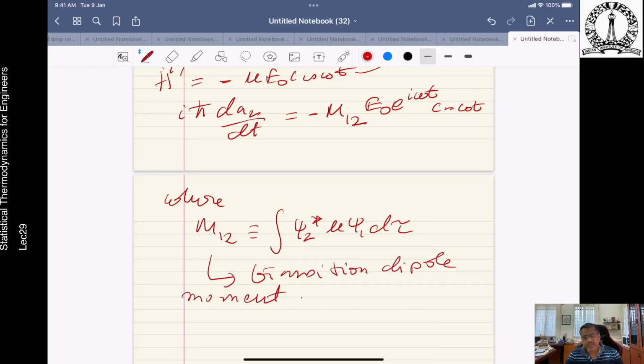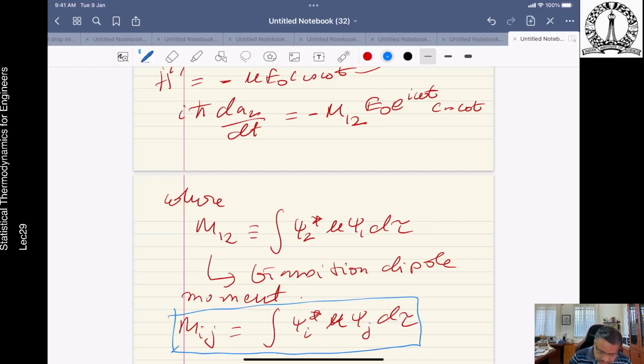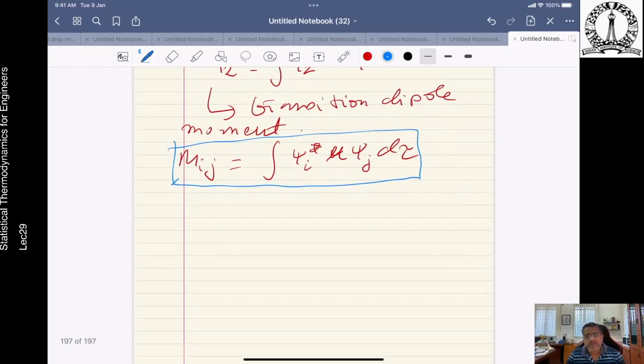In a more generic way, we can write it as Mij, the integral of chi i star mu chi j d tau.